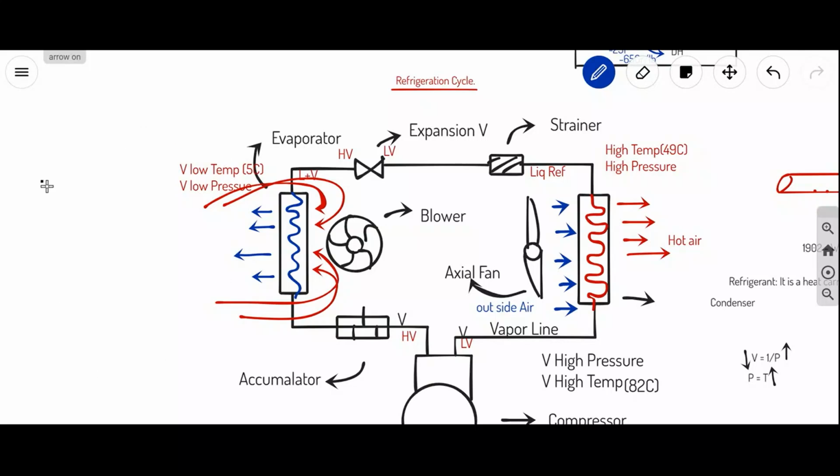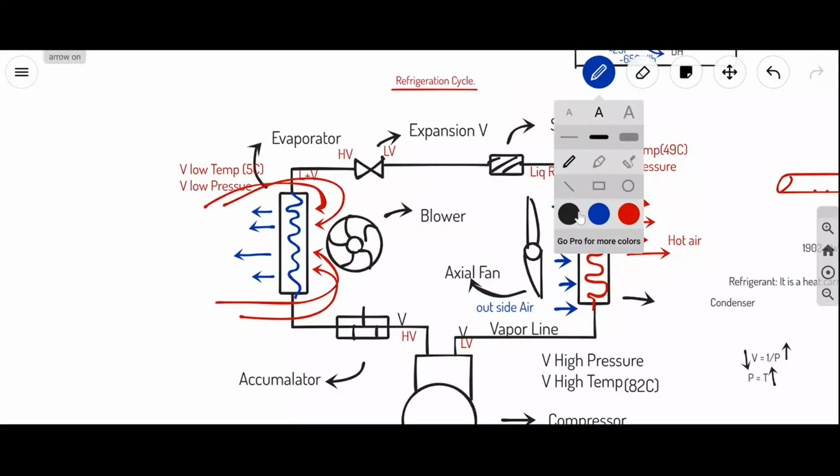So whatever the water vapor molecules present in the room, it starts condensing here, right? When it starts condensing here, the water vapor molecules in the air is getting decreased. Right. Okay. So due to dew point temperature of the coil, the water vapor molecule starts condensing.